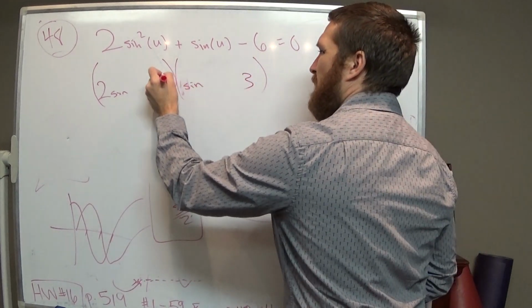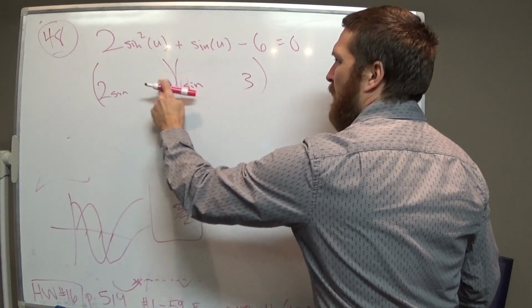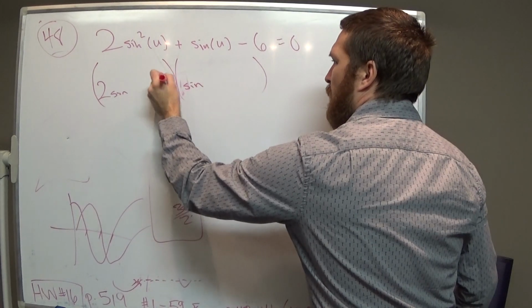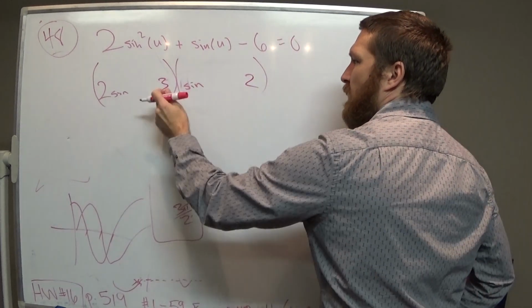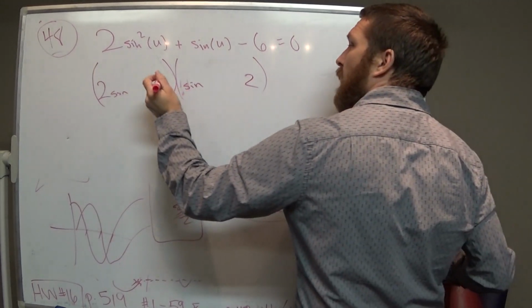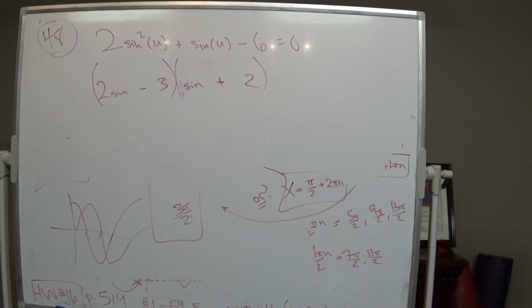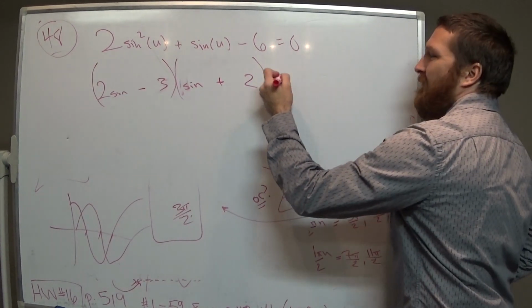That would give me a 6 and a 2. No, not happening. 3 and 2 gives me a 3 and a 4. So the negative 3 and plus 2. Yeah, negative 3 plus 2. That should do it. So try that first.